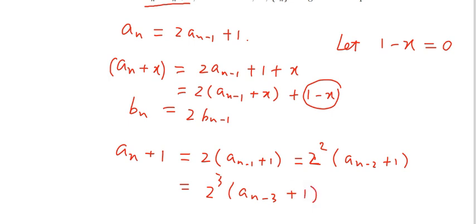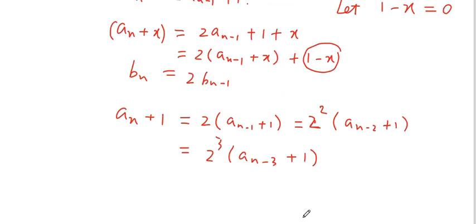Then we find the pattern. Here n minus 3 goes with 2 cubed, so with n minus n, it is 2 to the n. So we find a_n plus 1 equals 2 to the n times (a_0 plus 1).